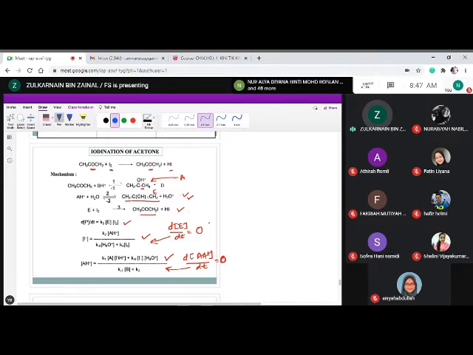What about A? So this is A. There are two reactions that involve A, and then we have another two reactions here which also involve A, AH plus.